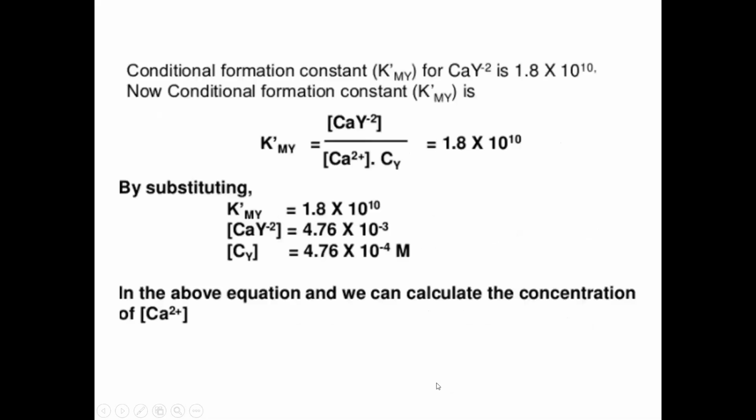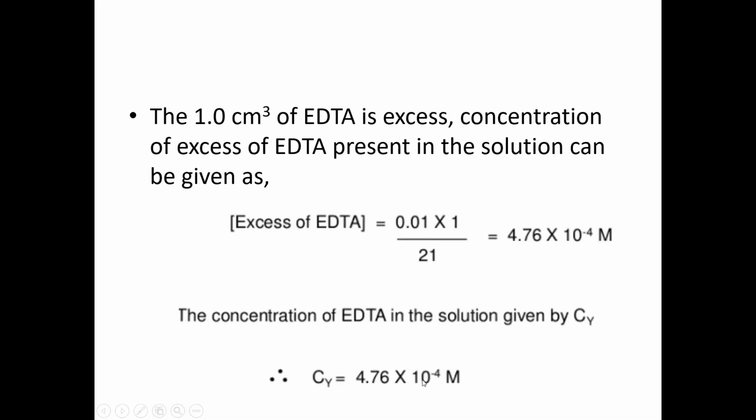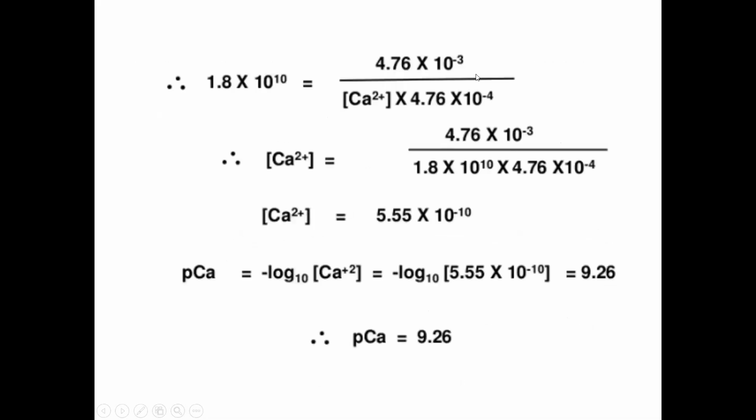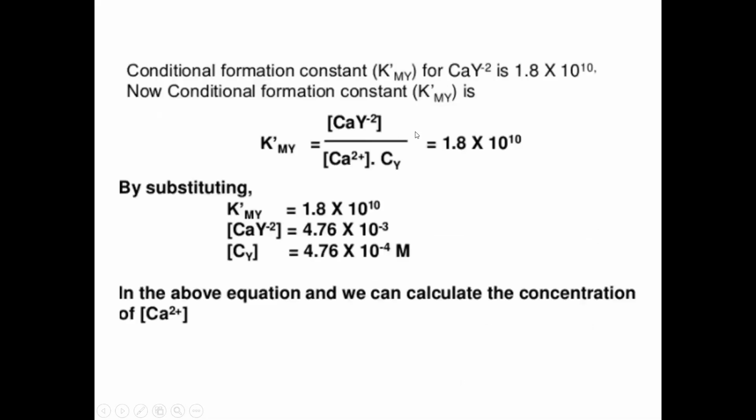We are not interested in that. We're interested in the concentration of your calcium ion. So what we do is substitute for this, which is your CaY2 minus, which you have gotten here. We are looking for the calcium ion concentration.